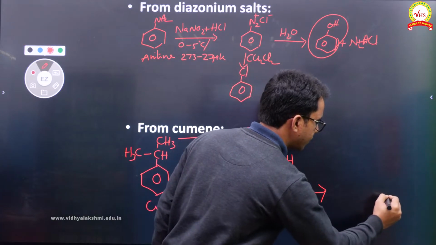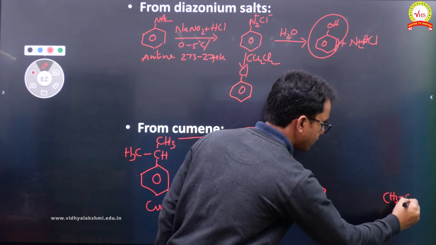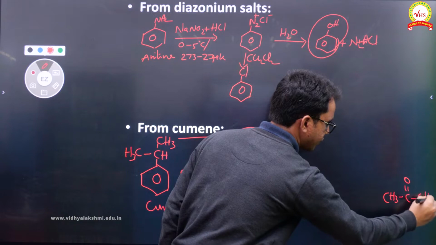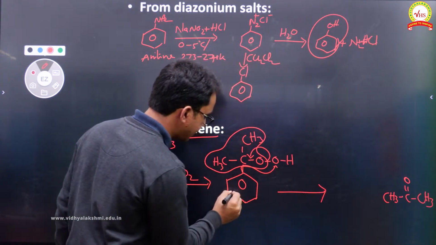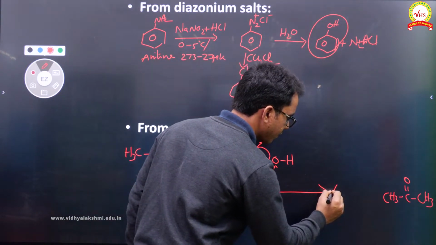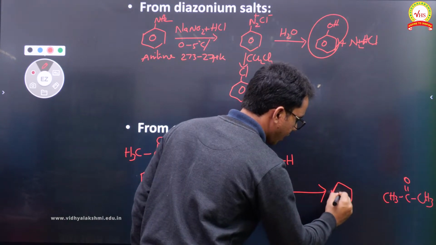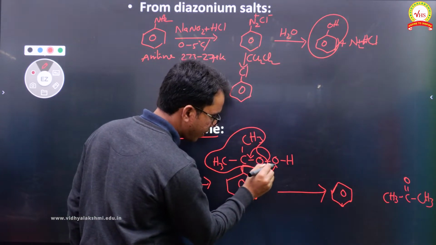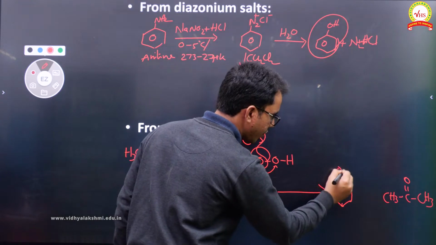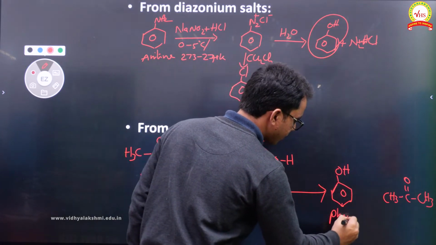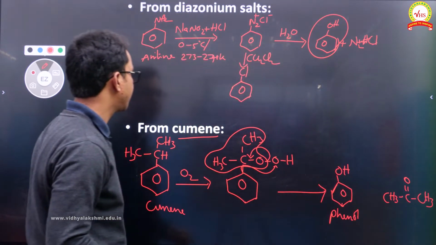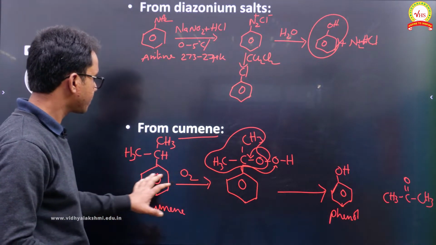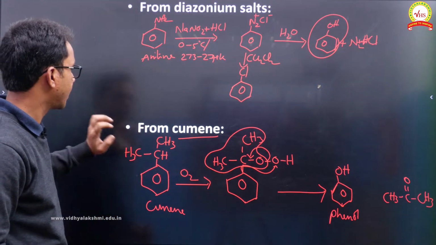And the remaining part is the benzene ring, which forms a new bond with the OH group. That is nothing but phenol. Now we have seen the preparation methods of phenols from diazonium salt and cumene also.